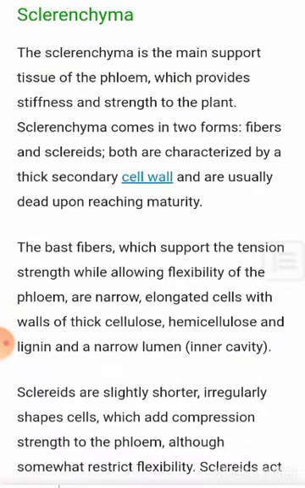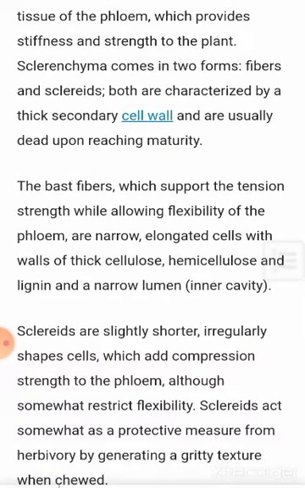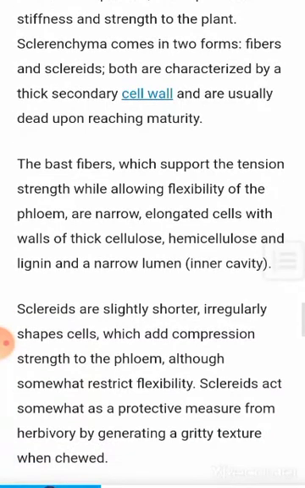The bast fibers, which support the tension strength while allowing flexibility of the phloem, are narrow, elongated cells with walls of thick cellulose, hemicellulose and lignin and a narrow lumen.